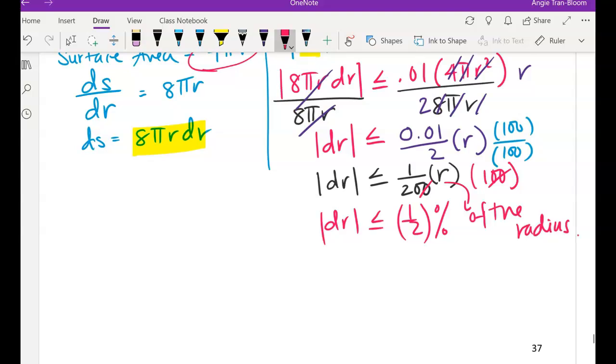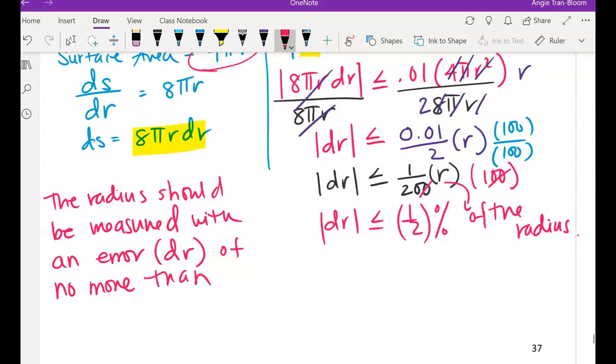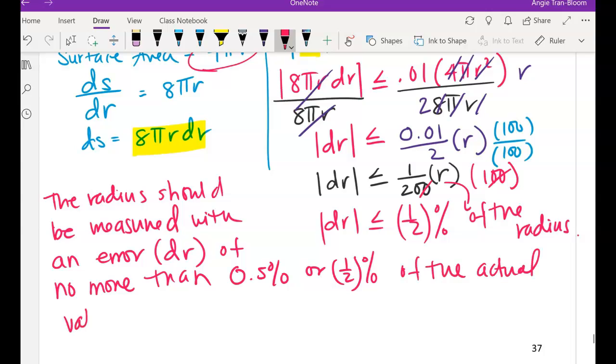Okay, so how do we spell all of that out? The radius should be measured with an error, which is, remember, dr, should be measured, the radius should be measured with an error of no more than half of a percent, or you can even write 0.5%, or you can write half of a percent of the actual value of the radius.